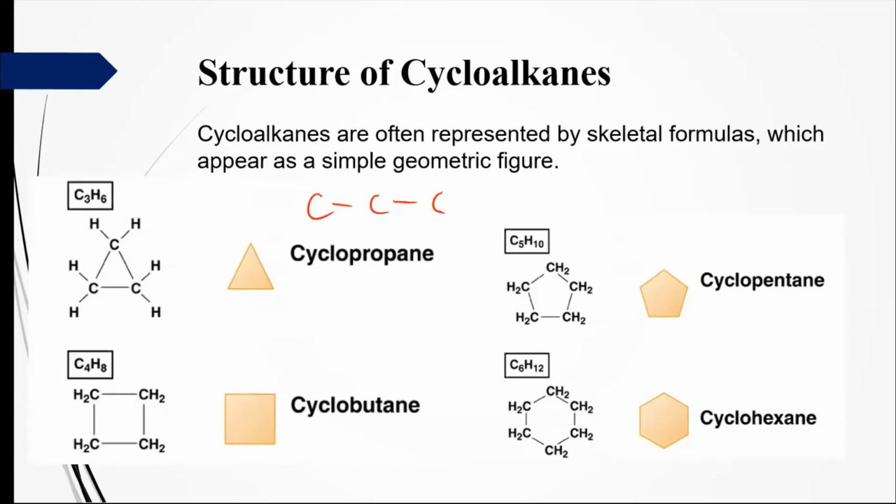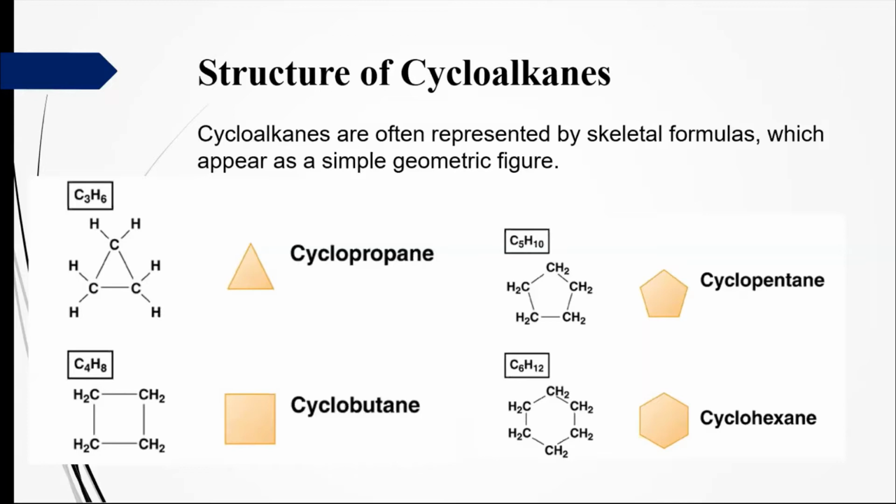Now, 3-member rings are unusual. They have a lot of strain in them, but we do see a lot of 4, 5, and 6-membered rings inside of our biochemistries. You can have 3. It's not impossible, but it is a bit of a challenge.